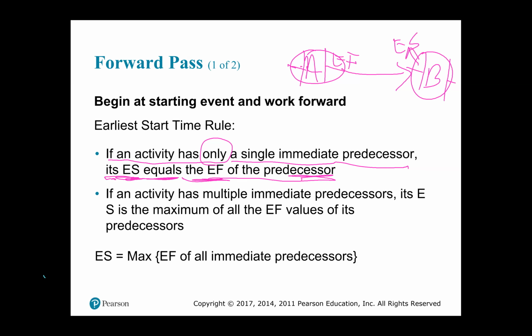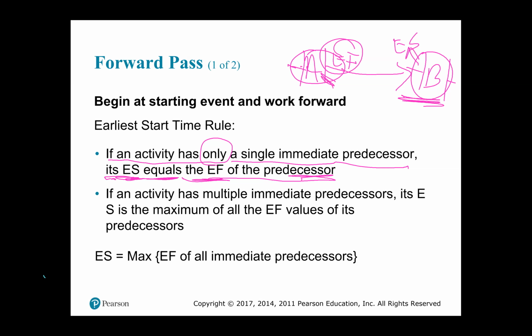So it says if an activity has only a single immediate predecessor, for example, if activity B has only activity A as its immediate predecessor, its early start, meaning activity B's early start, equals the early finish of the predecessor, where the predecessor would be, for example, activity A.